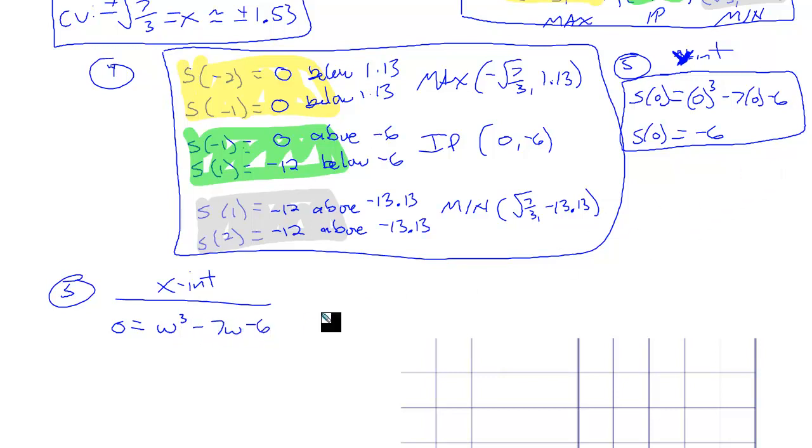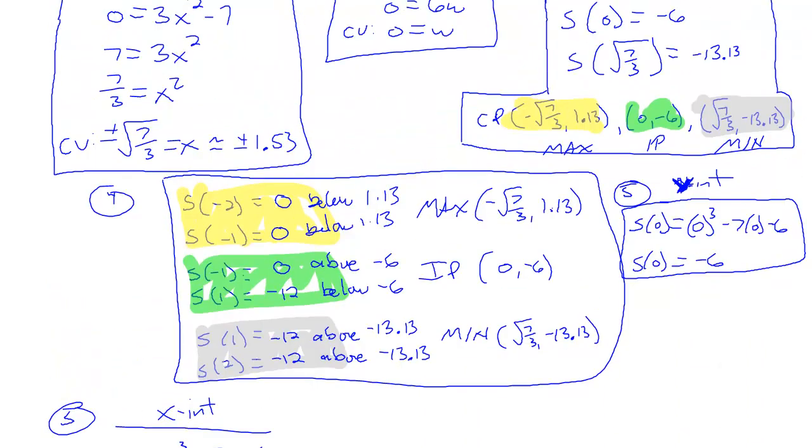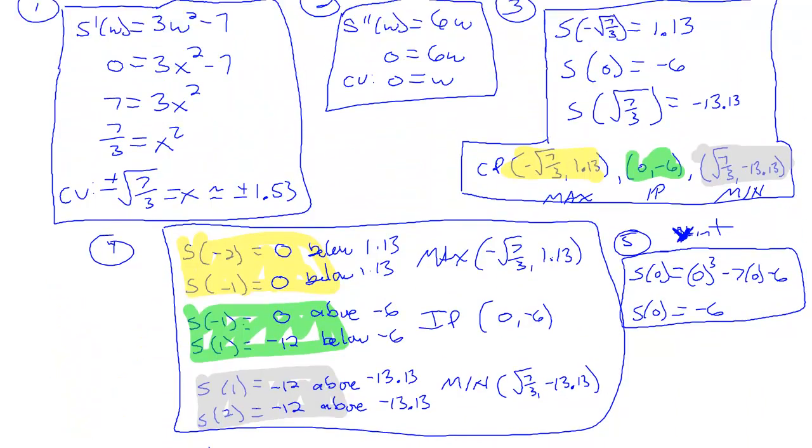I think I made a mistake earlier, now that I'm writing this. Yeah, I apologize. Up here, these were W's, and then magically they changed to X's. I'm not a real big fan of the magic. So let me fix that.